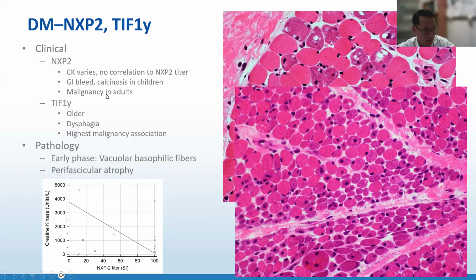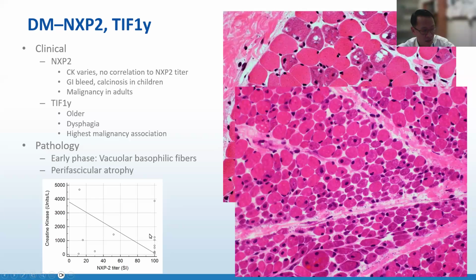And in the adults, it's associated with underlying malignancies. TIF1 gamma is more common in older people, and it has the highest association with malignancy. One of the phenotypes that these patients have that is more prominent than in other dermatomyositis subtypes is dysphagia.